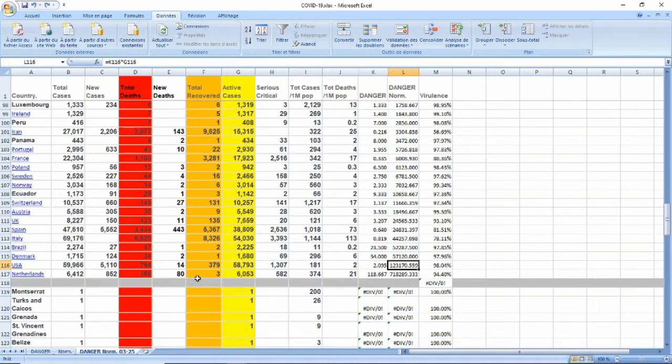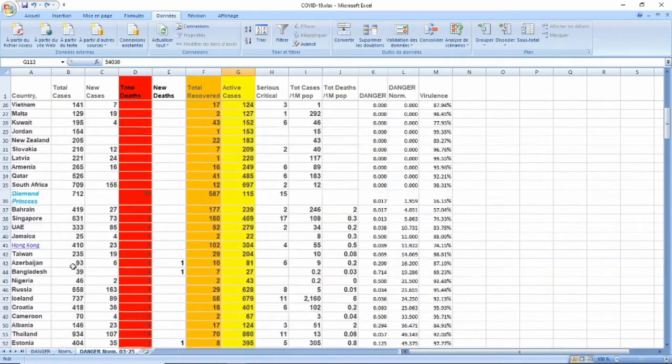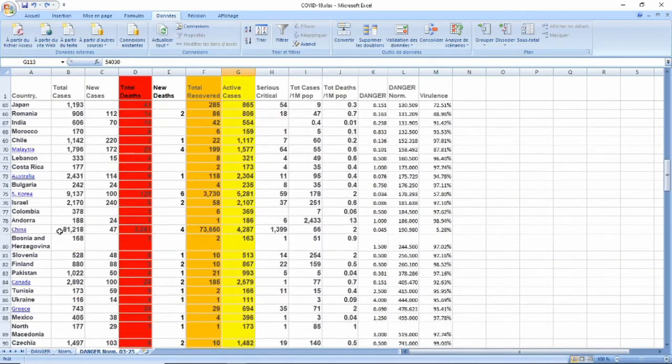And yes, that's scary. Speaking of comparing the number of active cases to the number of total cases, I found that this was also an interesting thing to do, because that really gives us an idea of how much over the hump a given country is. Sure, we have something like China that has over 81,000 cases, but so few of those are still active.